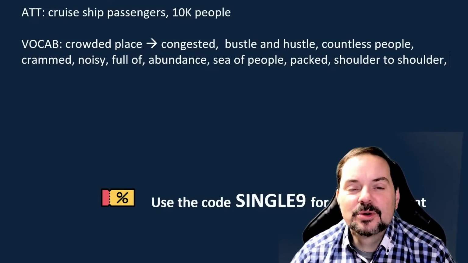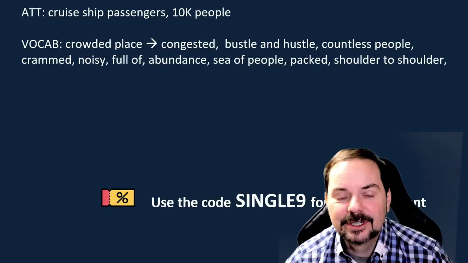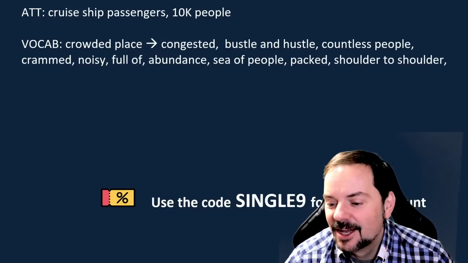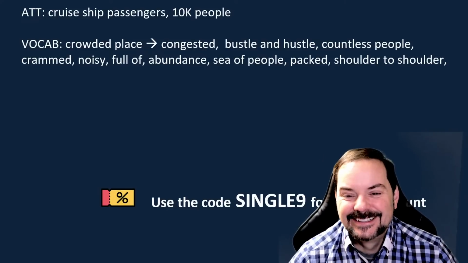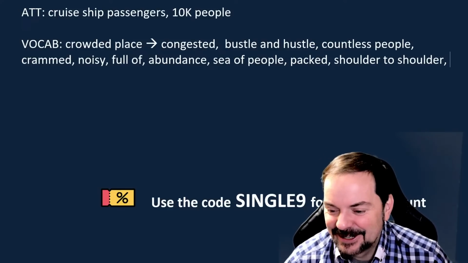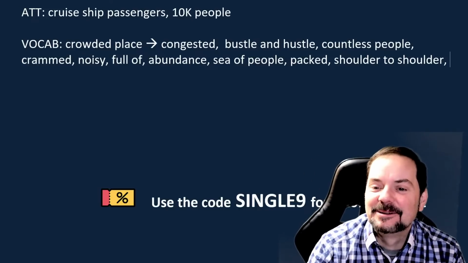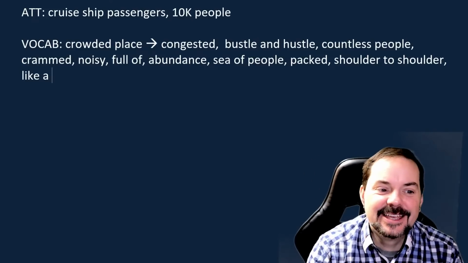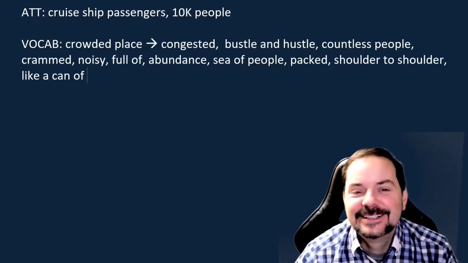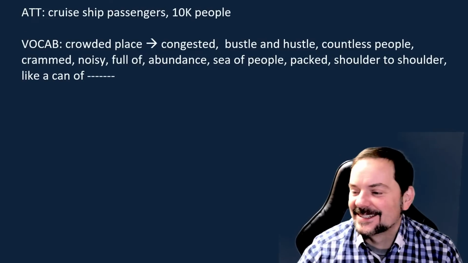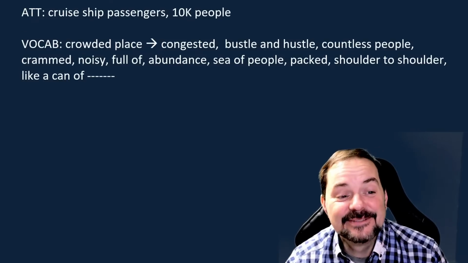When the place is so crowded that people are shoulder to shoulder, it means we're basically touching each other's shoulders. Anybody heard that? Shoulder to shoulder? Okay, how about like a can of... Anybody know the missing verb for this expression here? So there's a couple of fun vocabulary, meaning very crowded.